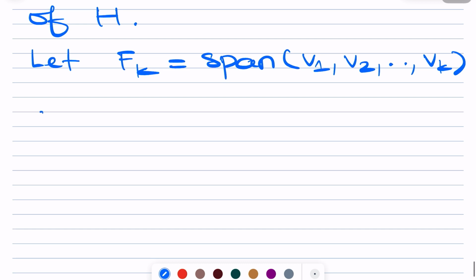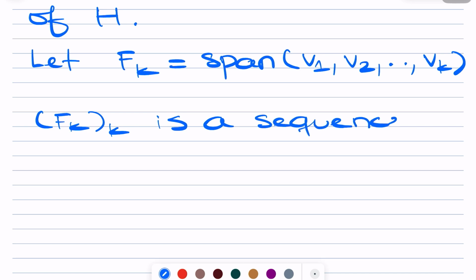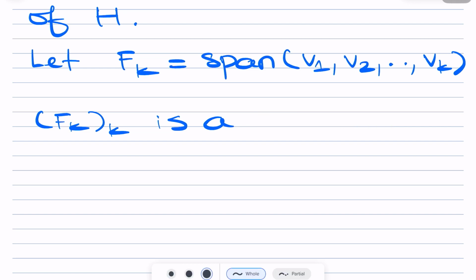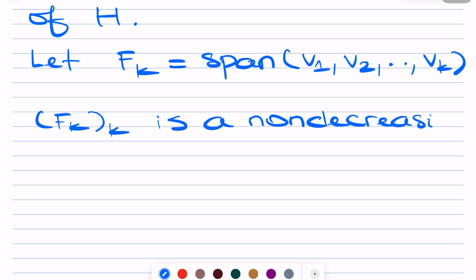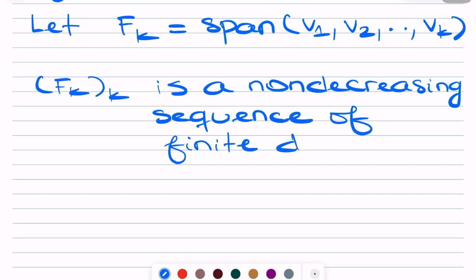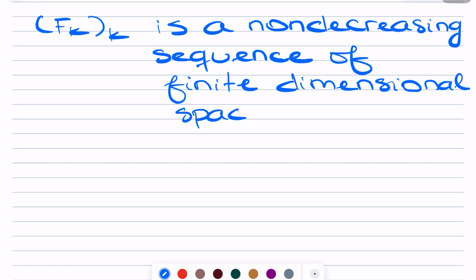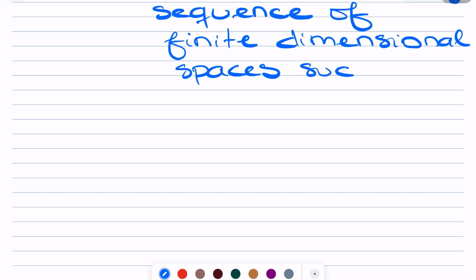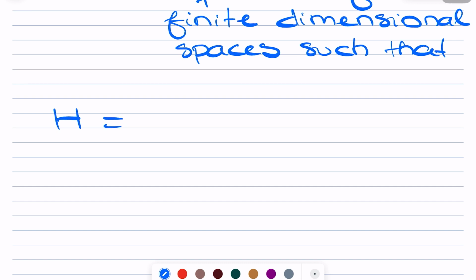So this sequence F_k is a non-decreasing sequence of finite dimensional spaces, such that H is exactly the closure of the union of the F_k.